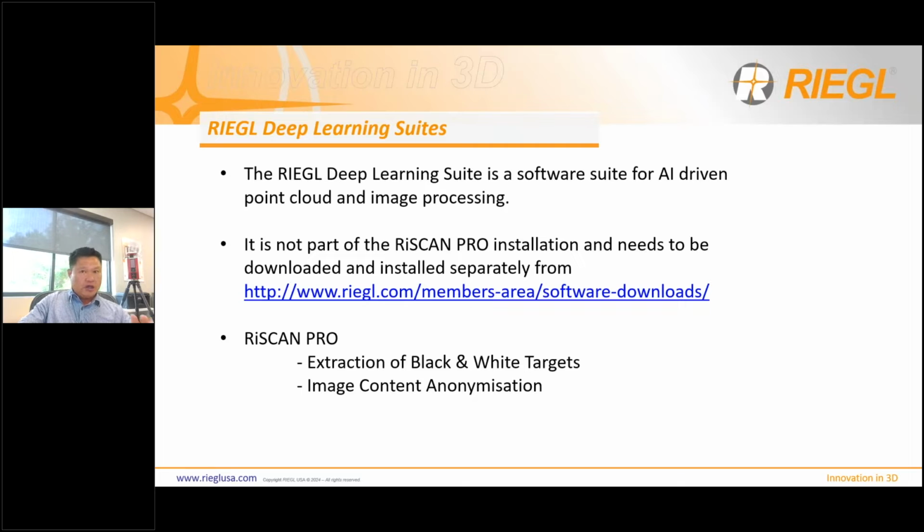Okay, let me slow down and say that again. When you're collecting data, the scanner has that option automatically. The scanner can do it on board. But if you forget to enable that option on the scanner, you can bring it into our software, and with this AI-driven deep learning suite, you can blur the faces and unblur them, as many times as you like.